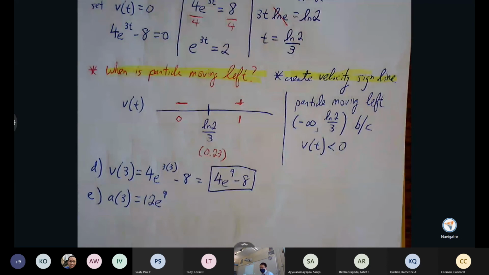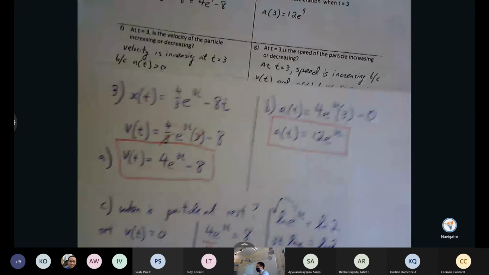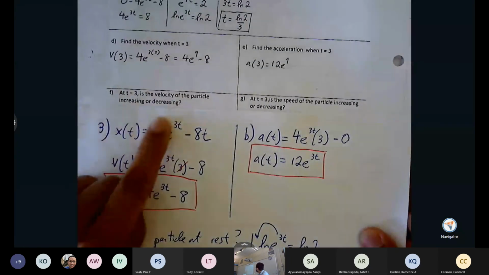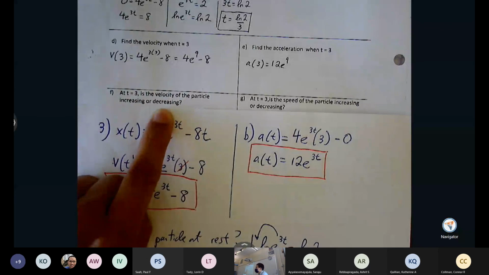Okay, moving on to F and G. It says that at t equals 3, is the velocity of the particle increasing or decreasing?